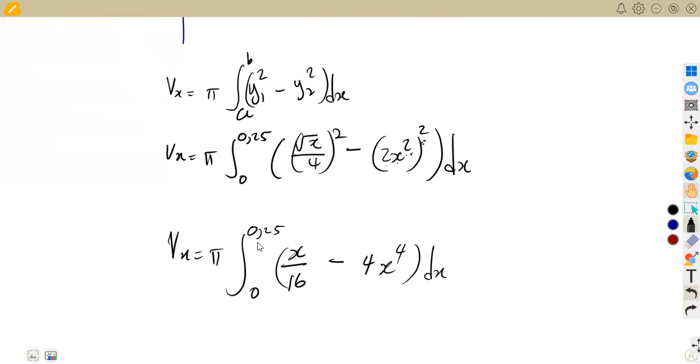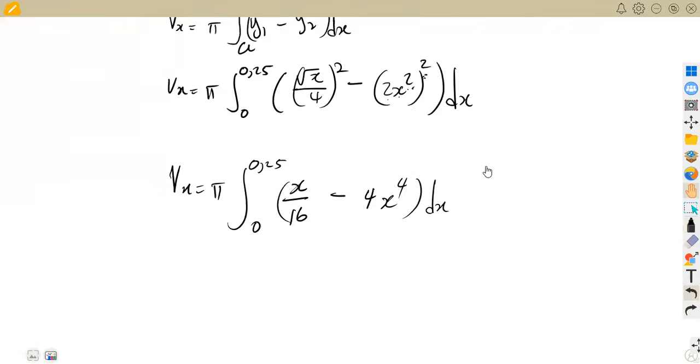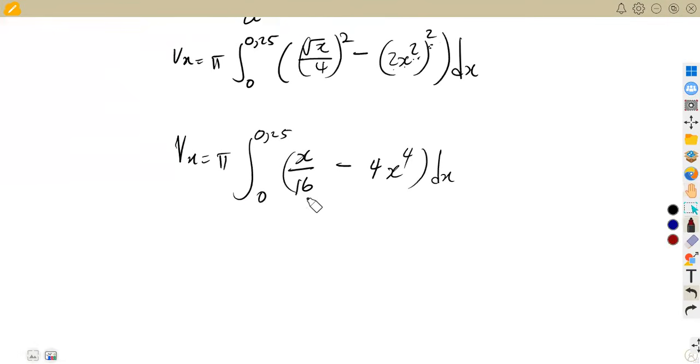All right, so there we can integrate it. You can see I've got a single term there. And as we know from our integration, we add 1 to the exponent and we divide by the new exponent. So that will be x squared, since 1 plus 1 is 2. So we're going to have pi into x to the exponent of 2 over the new exponent, which is 2.